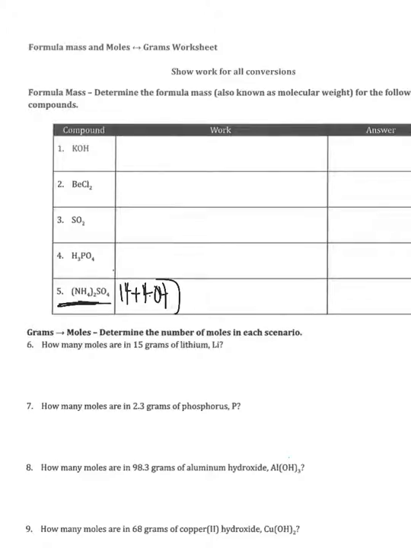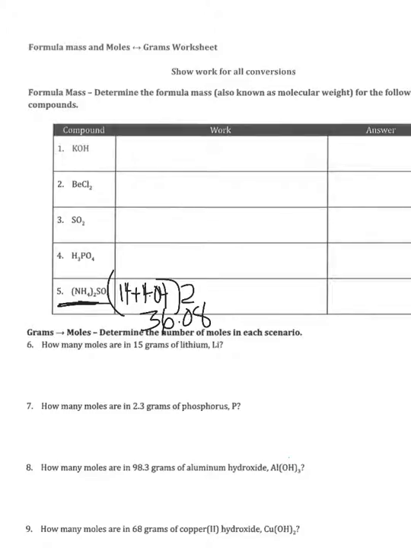And then you would want to multiply that by 2. So in this case we have 18.04 times 2. So we would have 36.08 for what's in the parentheses there.